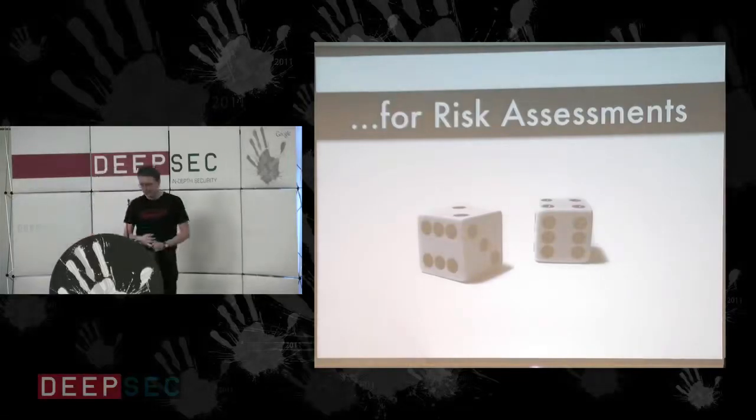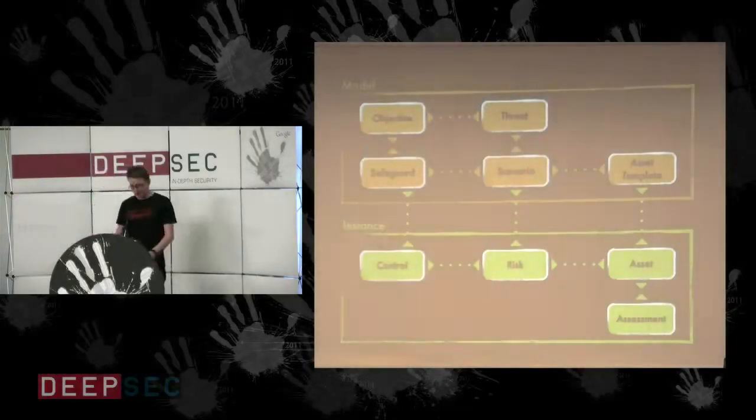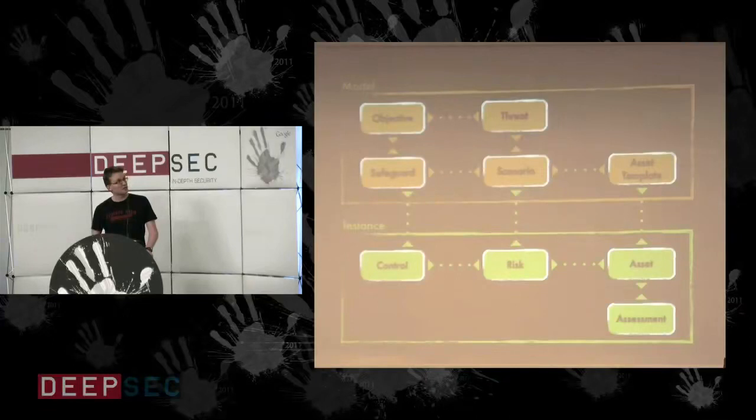Let's look again at the model we have, this time with some changes in it. On the upper left side, again, you see objective. I removed the other tables. And what we added was just a threat, a safeguard, and a scenario, and again, an asset template. An asset template and a threat together give a scenario, an attack scenario if you want, and every objective has some safeguards.